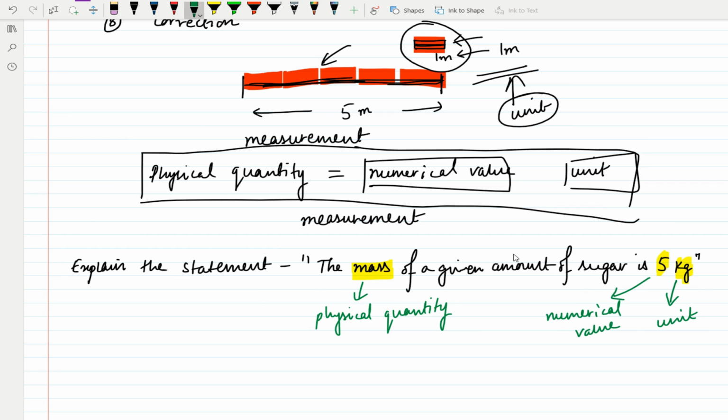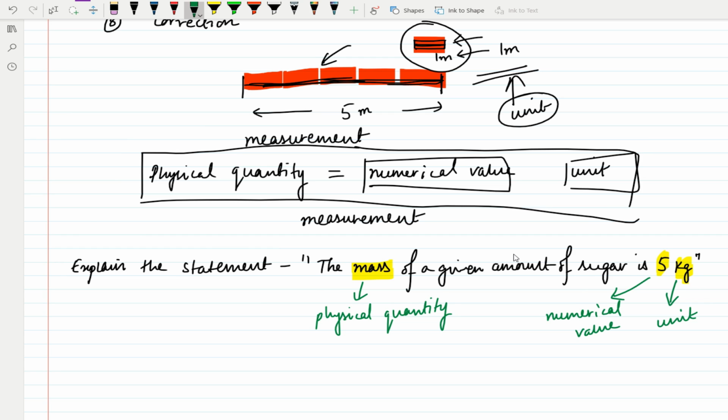It means that the mass which we are measuring, its unit is kilogram. Remember, the physical quantity which you are measuring, its unit is kilogram, and that kilogram is contained 5 times in this given amount of sugar.